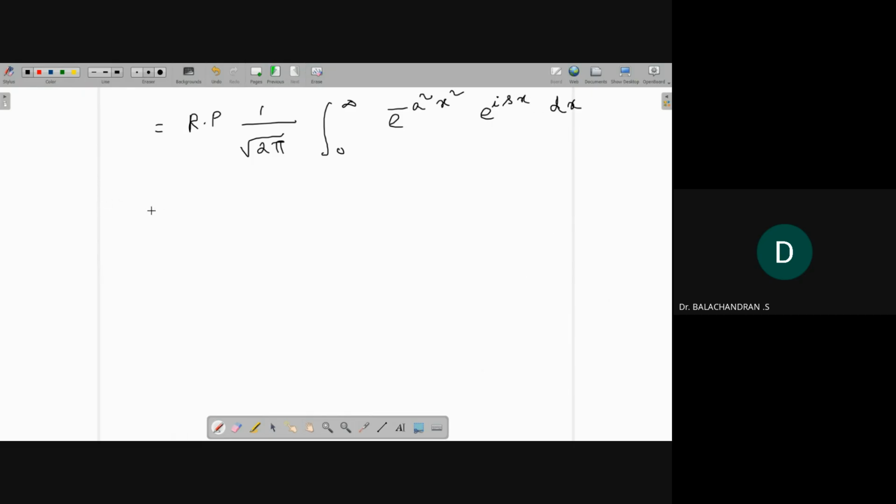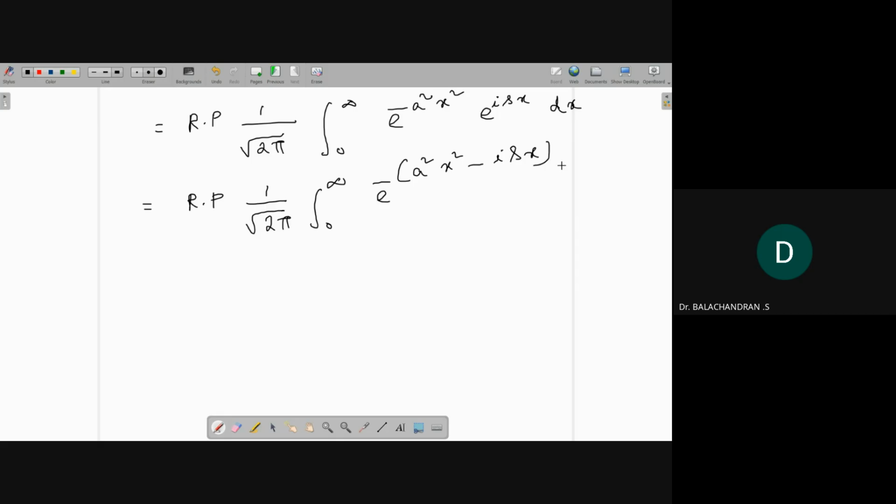In the next step, I'm going to write real part of 1 by root 2 pi integral e power, taking minus common, a square x square minus isx, into dx.